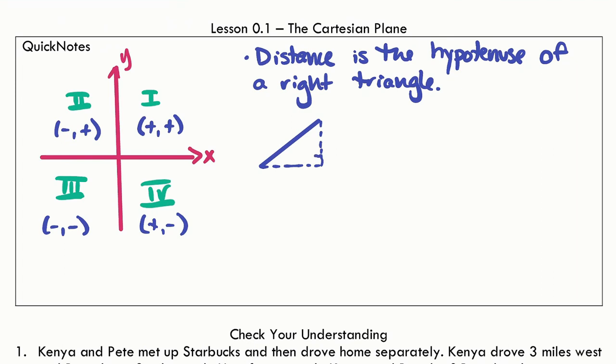And I would be willing to bet your geometry teacher showed you something very similar to this back in the day. Okay, so the Pythagorean theorem is a squared plus b squared equals c squared, probably the most remembered theorem in the world.